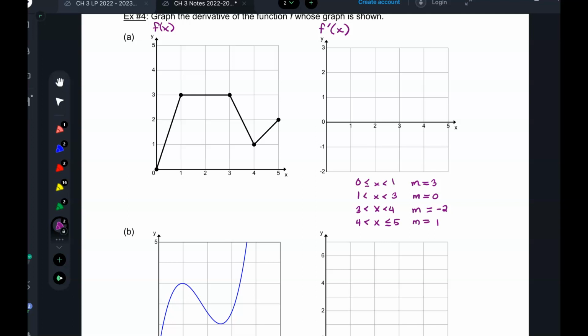No. Same thing here and here. However, leading up to this endpoint, does it have the same consistent slope? Yeah. So that's why I include it here. And leading up to this, we're good. Okay, so that's why I write it out that way. That's important. So you are going to have places where you have to express the derivative, and if it doesn't have a derivative at the point, it's going to be kind of like an open circle. We'll see.